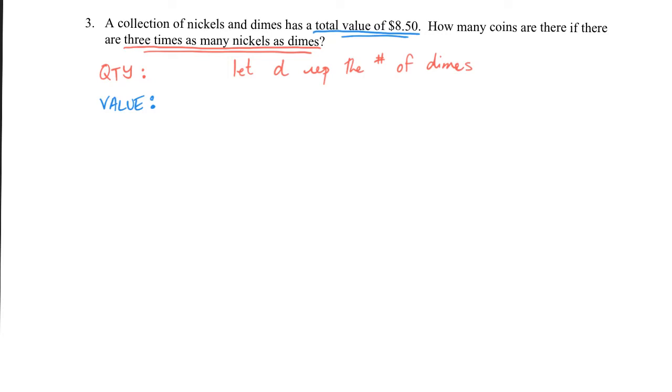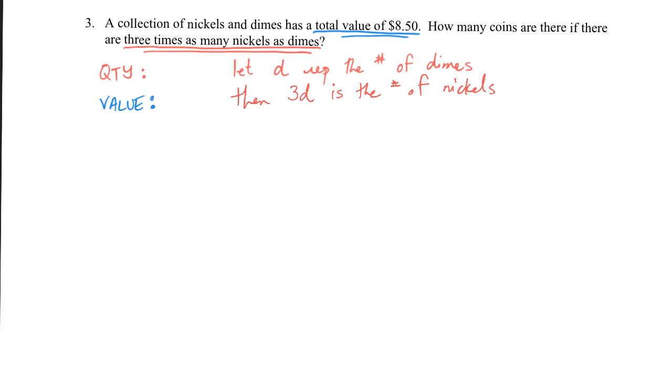Now, if we allow D to represent the number of dimes, then in that red sentence that we underlined, I could then say, then 3D is the number of nickels. Notice the sentence says, I have 3 times as many nickels as dimes.